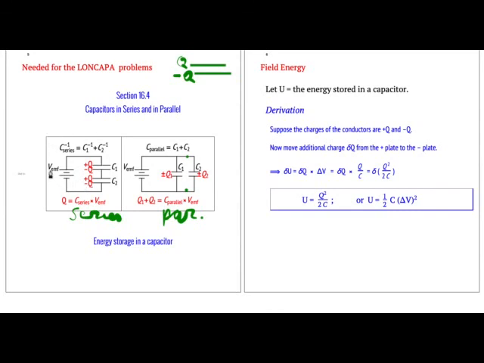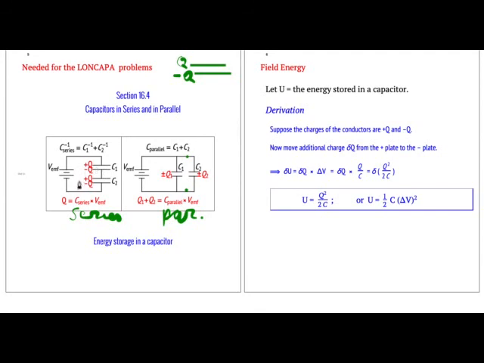So what about the charge? Well, for capacitors in series, the first capacitor has charge Q and minus Q. The second capacitor has charge Q and minus Q. Same charge, or same charge difference on both capacitors. Why is that?